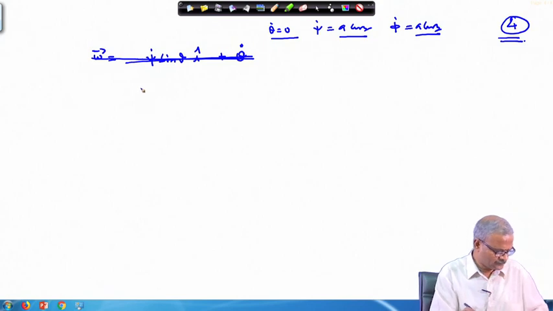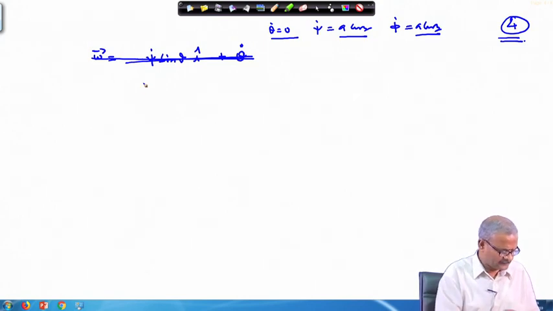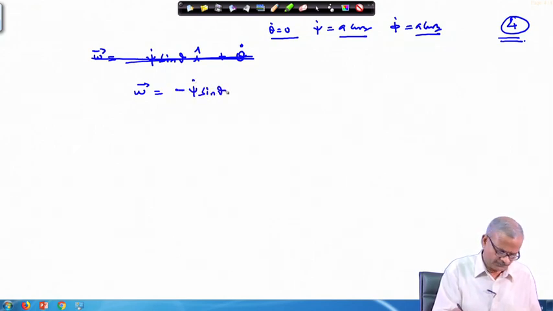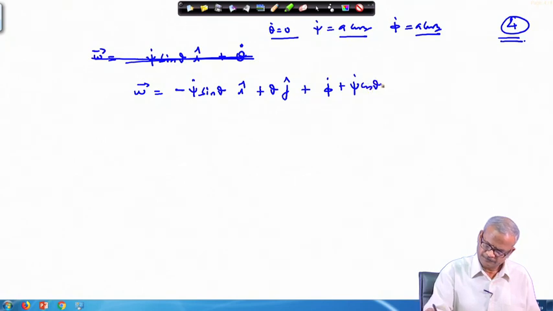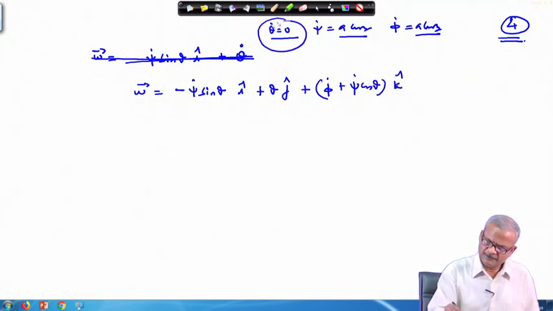So, here we have the omega we have written earlier, the derived equation, which is omega equal to minus psi dot sin theta i cap plus theta dot j cap. So, when your theta dot equal to 0, this term will drop out.